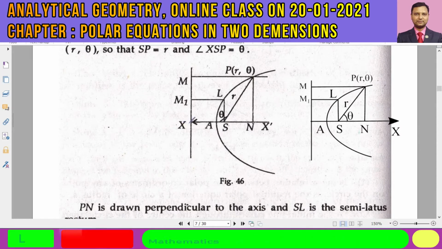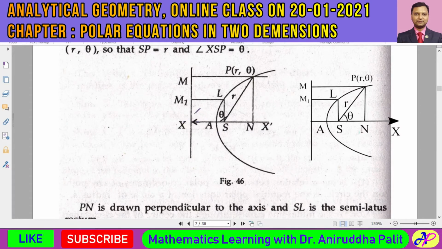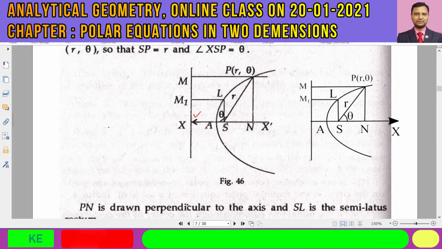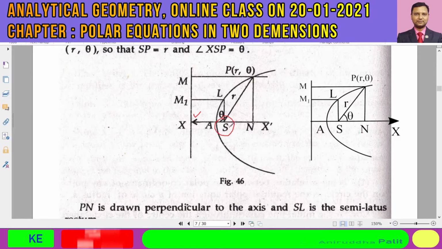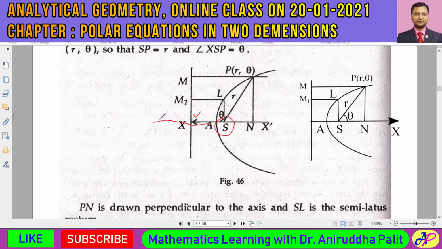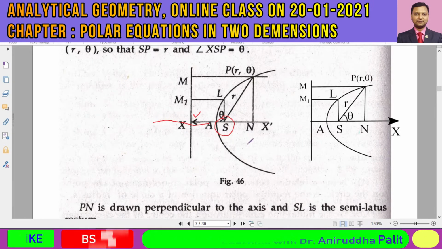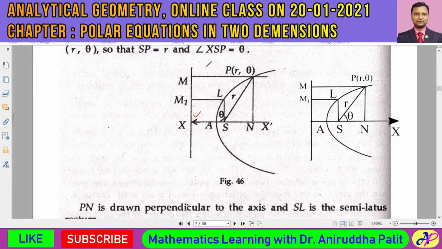Over here you have observed that an arrow is given, this kind of axis, starting from this point S towards this direction. This straight line starting from S towards this direction is actually the position of the directrix. So the initial axis has been drawn from S towards the directrix.